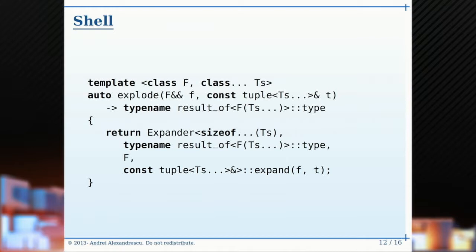I'm passing f, the function type, which is a reference to a function most of the time, or a functor, or lambda. And I'm passing const tuple t's reference as my tuple. This is tuple in the slide above. And I'm calling expand against all that.